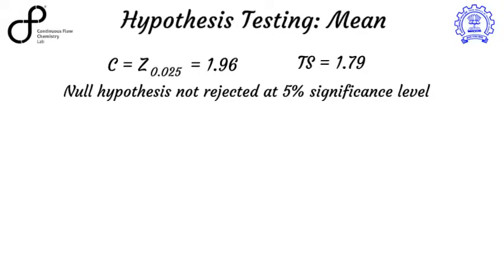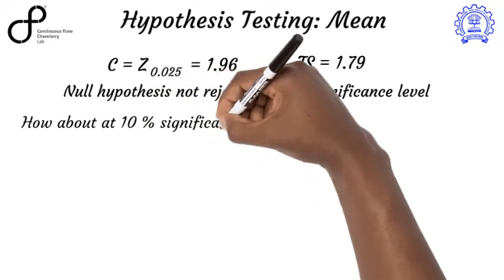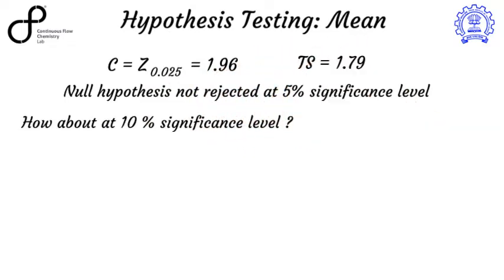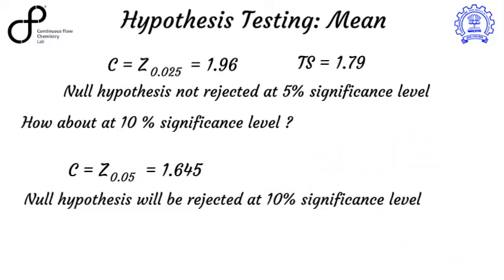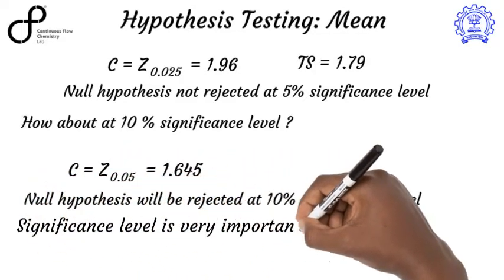In previous example, the null hypothesis was not rejected at 5% significance level. How about if we change the significance level to 10%? In this case, the critical region will be 1.645. Since our test statistic is 1.79, the null hypothesis will be rejected at 10% significance level.